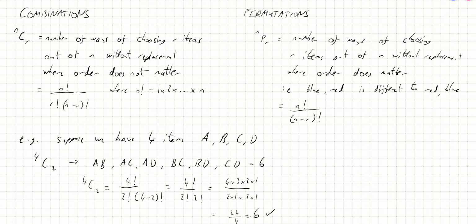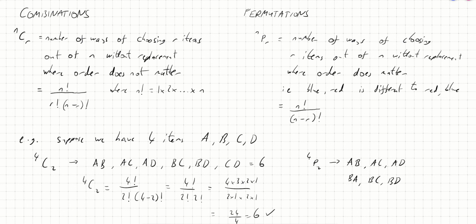Which is good. On the other hand, if we're going to do 4P2, this is the way of listing them where order does matter. In this case, we have AB, AC, AD. Now we are going to list BA, because that's different to AB for a permutation, because the order does matter. So these are the ones that start with A. We also have the ones that start with B: BA, BC, BD.